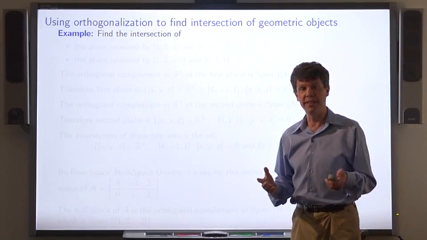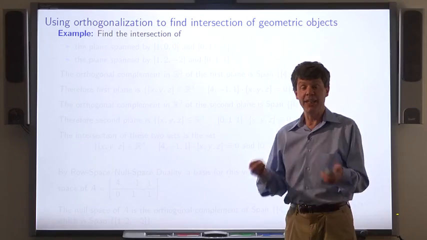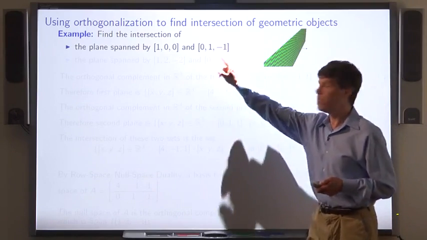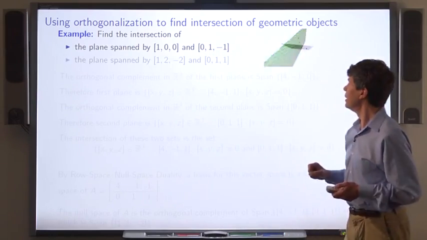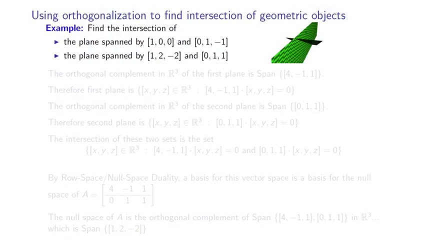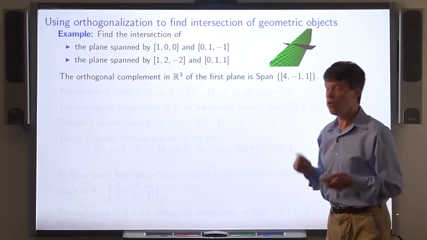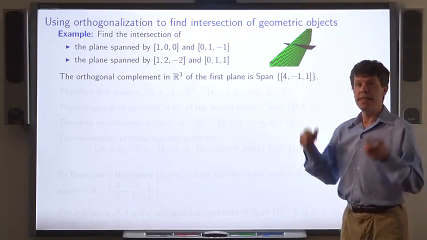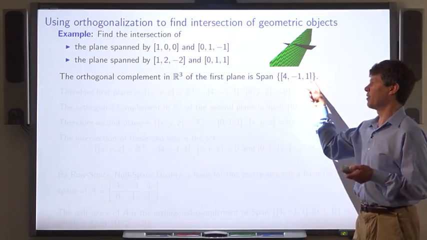Let's use these ideas to find the intersection of two planes. We take this plane, the plane spanned by these two vectors, and this plane, the plane spanned by these two vectors, and we want to compute the intersection. Well, the orthogonal complement in R3 of this first plane is the span of this vector.